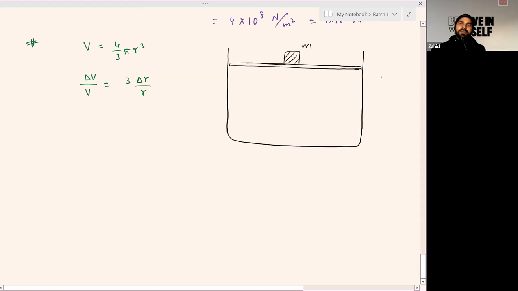The area of this piston is A, and suppose a sphere of radius r is placed into it, surrounded by liquid.